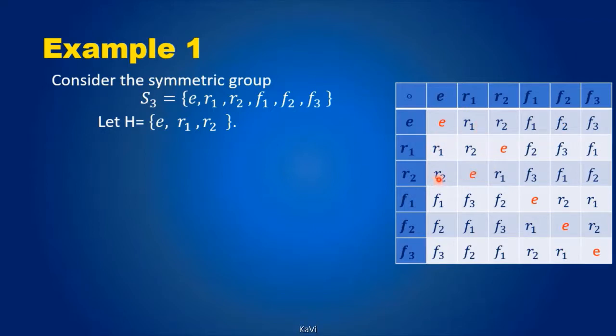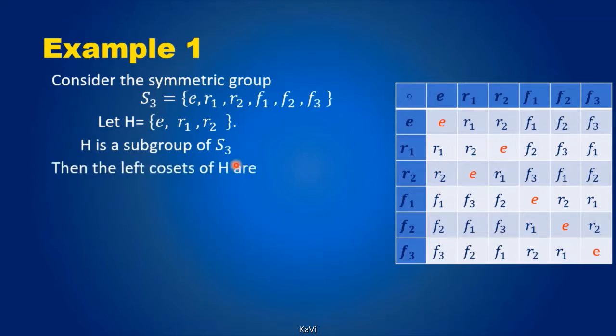From this Cayley table itself, we can see that these elements, when multiplied with each other, result in these elements only. H is a subgroup of S3. Then the left cosets of H are obtained as R1H equal to {E, R1, R2}.